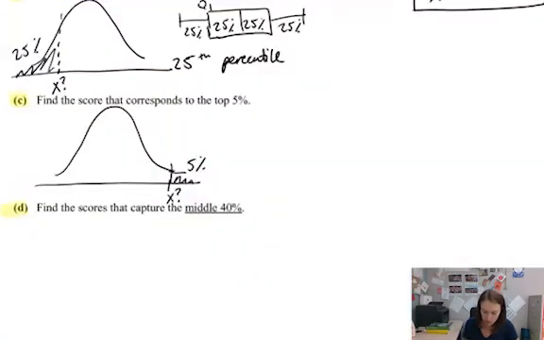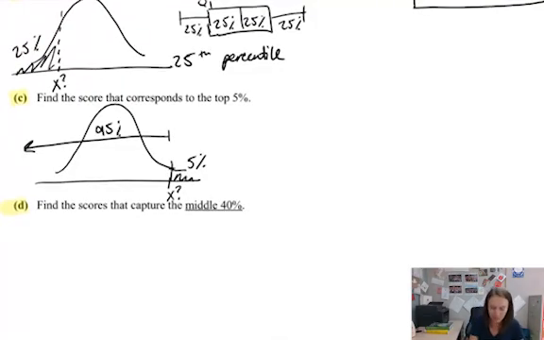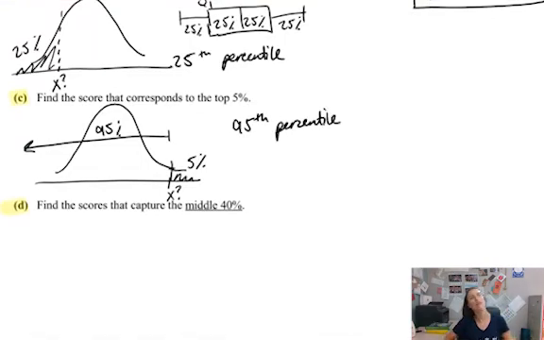So what you want to do here is figure out how much has to go below that to give you the top 5%. And so that's going to be 95% below. So I'm looking at the 95th percentile value here. So I'm going to find that 0.95 area for 95%, find the z-score, work backwards from there.